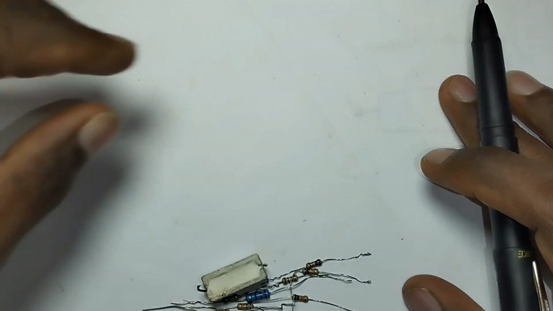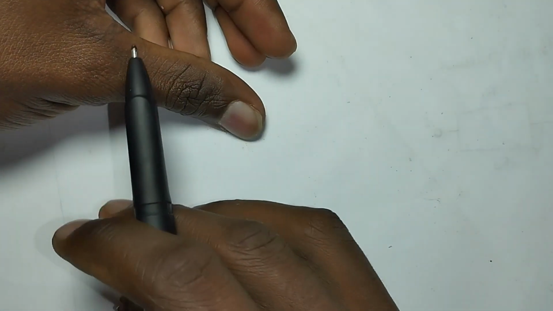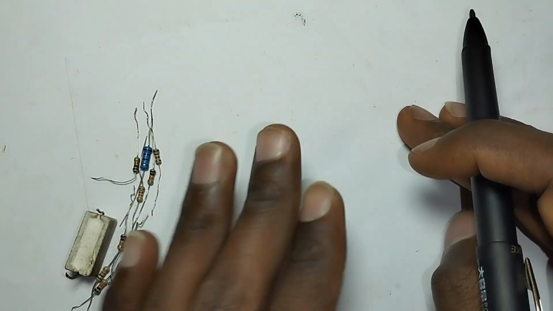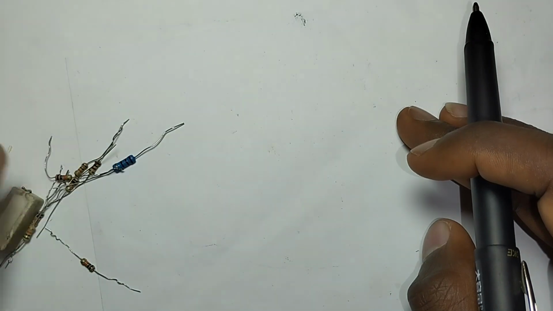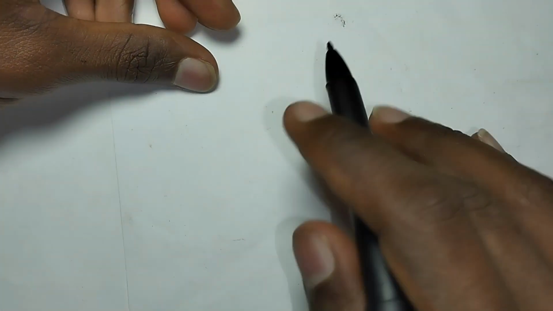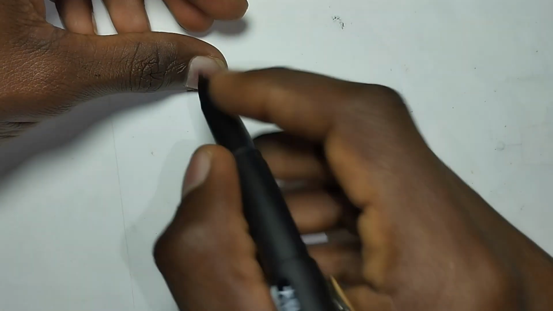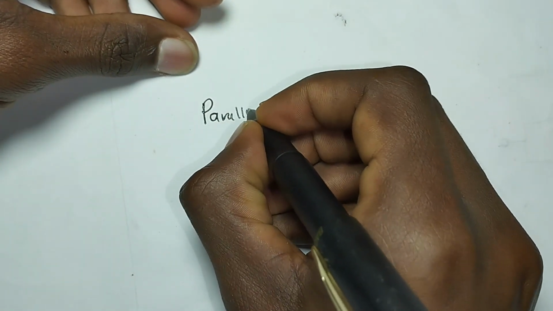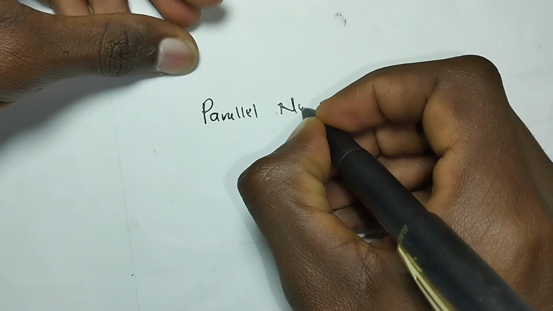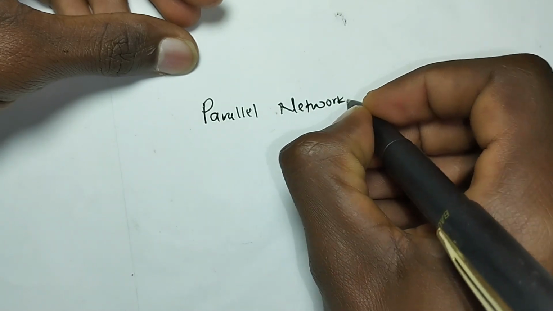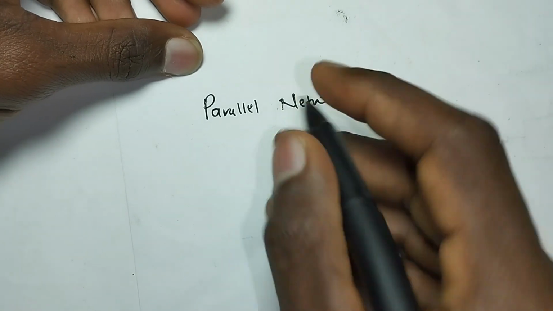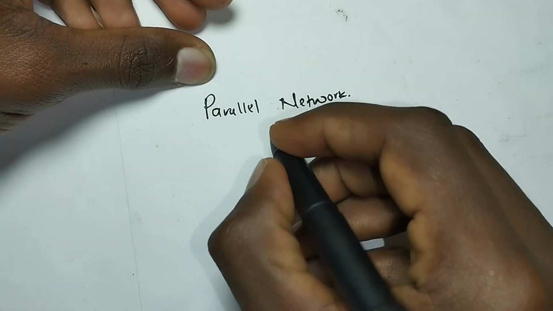For resistors connected in parallel, we are going to use these resistors for examples and calculations. Let's use two resistors.